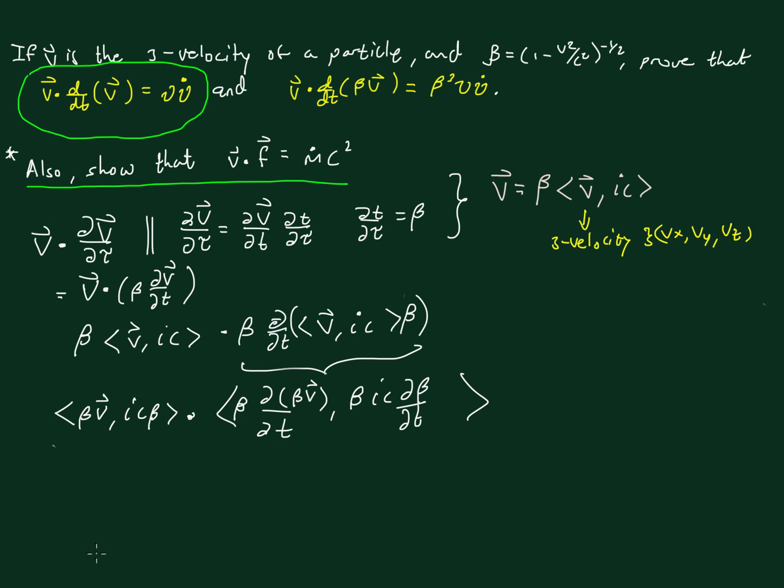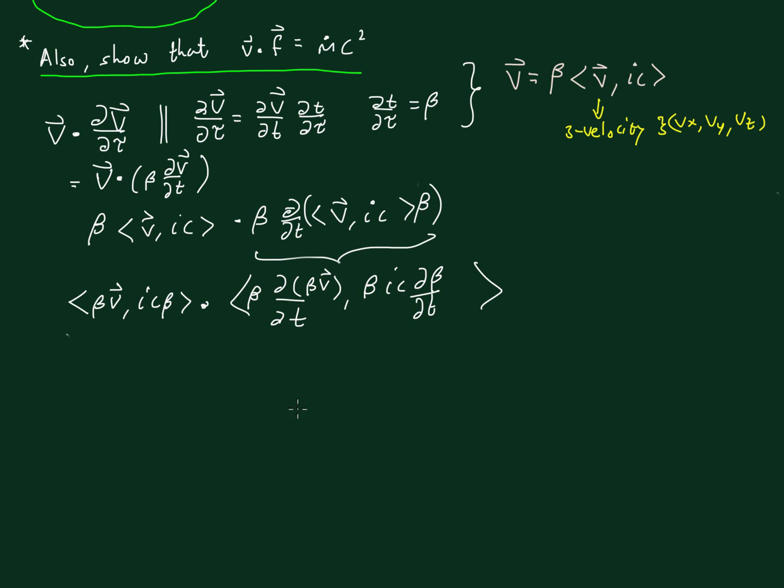If we carry out the dot product, we end up with beta squared as our first term times v dotted with d(beta v)/dt, and then ic multiplied by ic gives us i squared c squared, and i squared is negative 1.